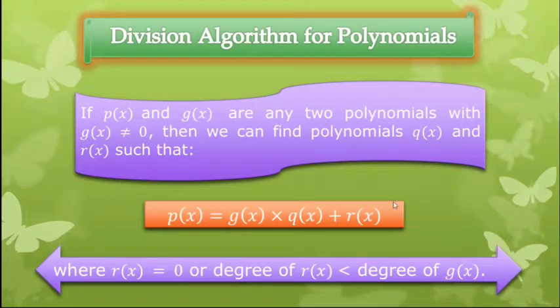So we can write 7 is equal to 2 into 3 plus 1. Here 7 is p(x), 2 is g(x), 3 is q(x), and 1 is r(x). This is the division algorithm for polynomials. Simple thing. And this is the statement: p(x) is equal to g(x) into q(x) plus r(x).